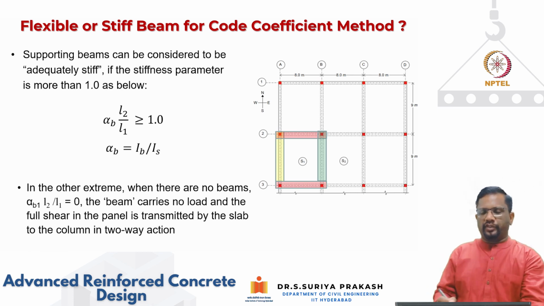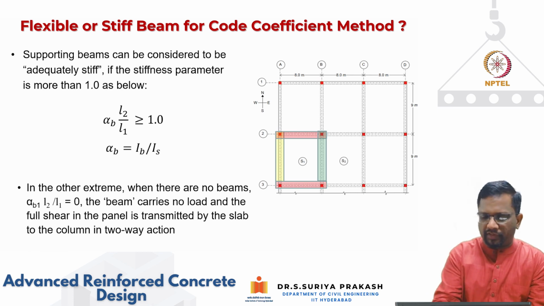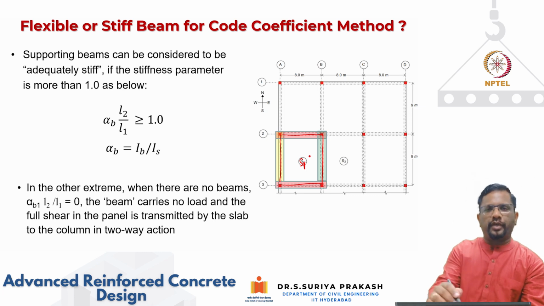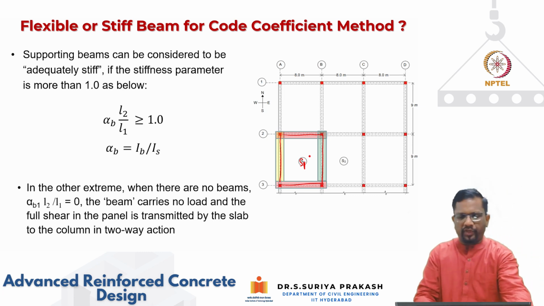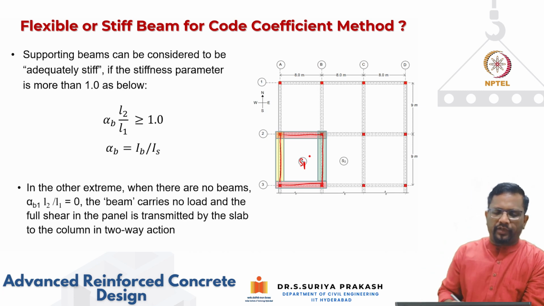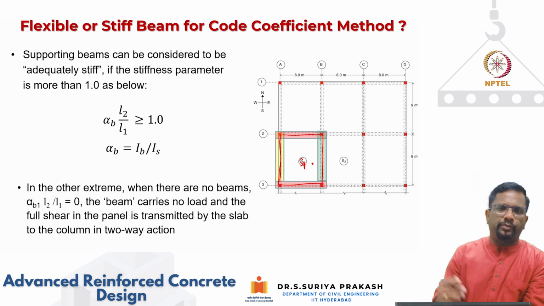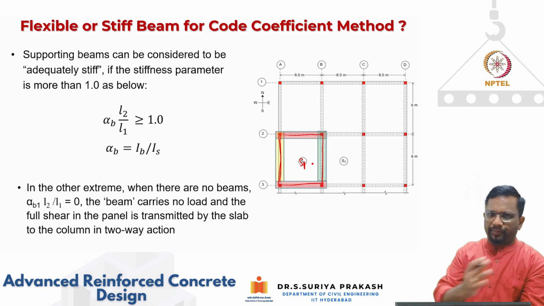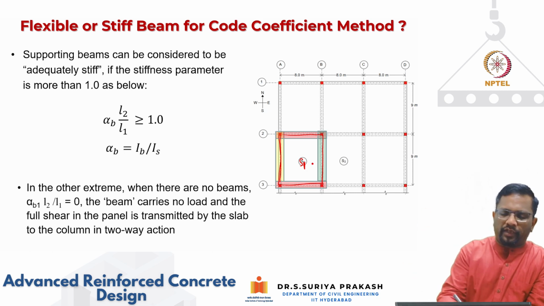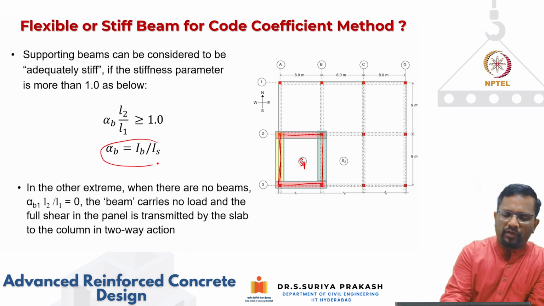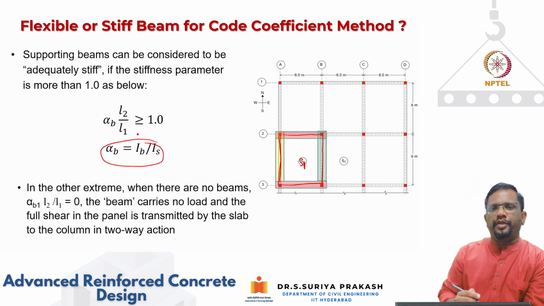For example, let's say this is the panel we are looking at, called S1. This panel is supported on all four sides by beams. If I calculate the relative stiffnesses of all the beams and the slabs that are part of this spanning, I get the alpha parameter, called IB by IS.